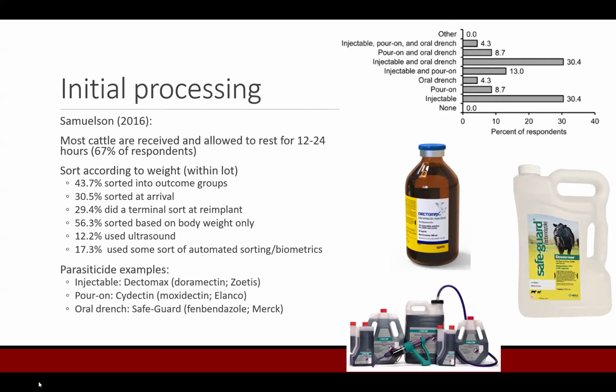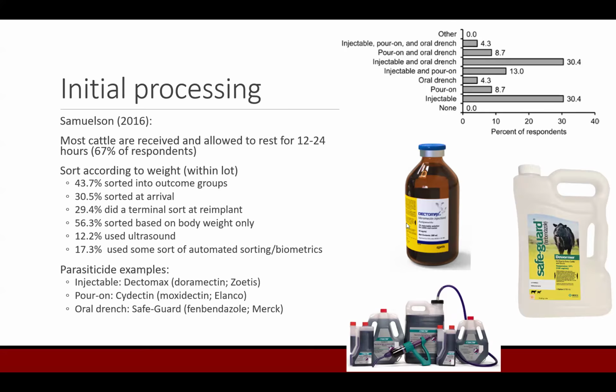Okay. So parasiticide examples. Okay, most people are going to give some kind of injectable, pour on, or oral drench to target gastrointestinal parasites. Okay, so 30% are giving an injectable and an oral drench.